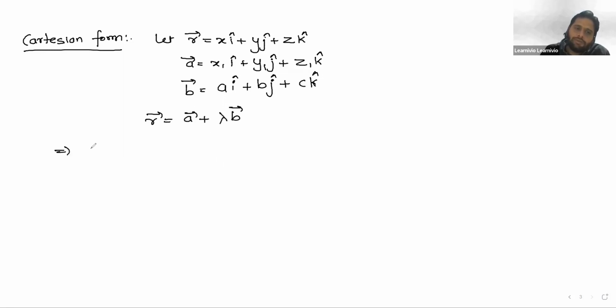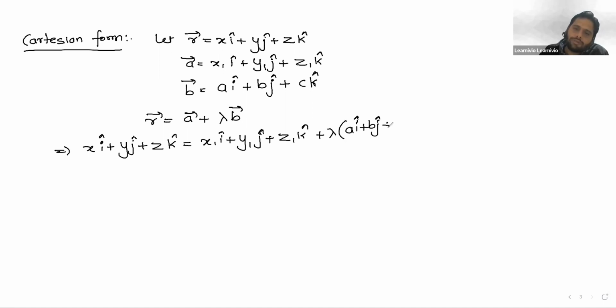Put all the values here. What is R? R is x i cap, y j cap, z k cap, is equal to what is A? x1 i cap, y1 j cap, z1 k cap, plus lambda. And what is B? a i cap, b j cap, c k cap.